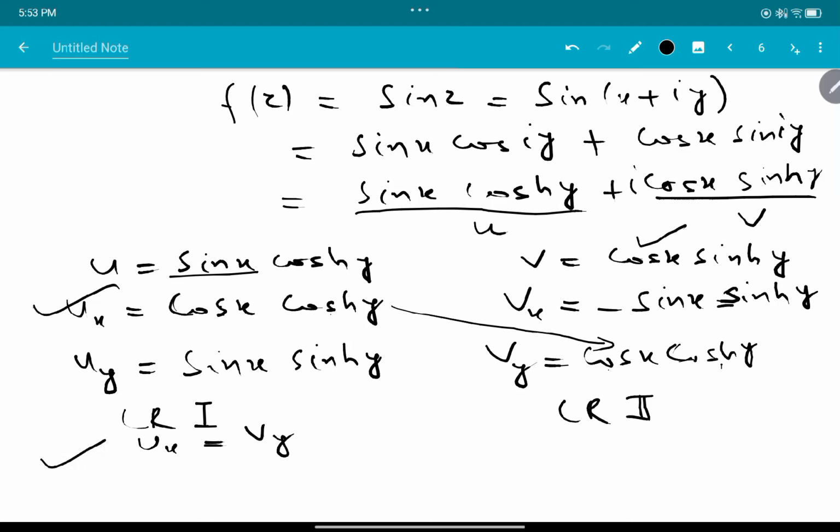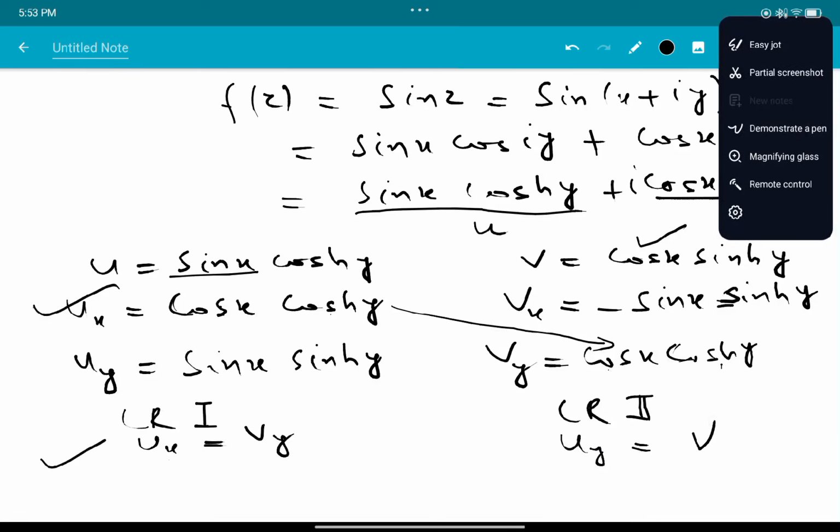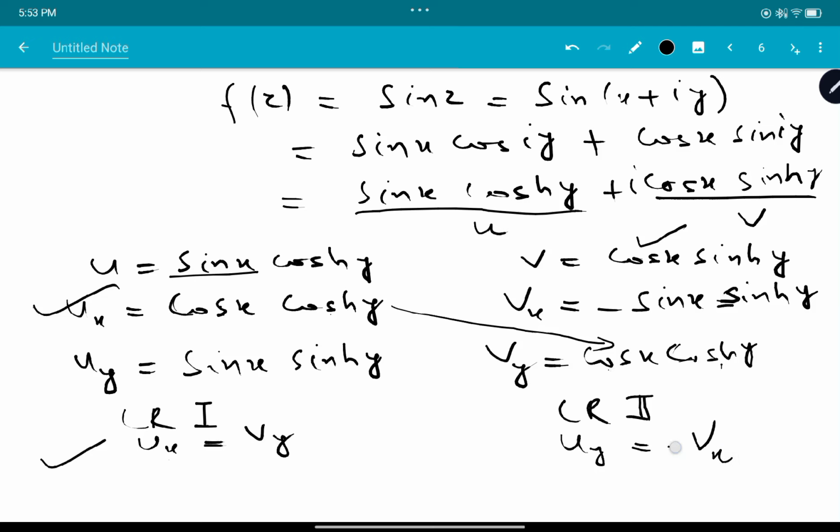Now CR second, that is uy equal to minus vx. Now let us see. Uy is this, and vx is this. Yes, exactly verified. Again the same.